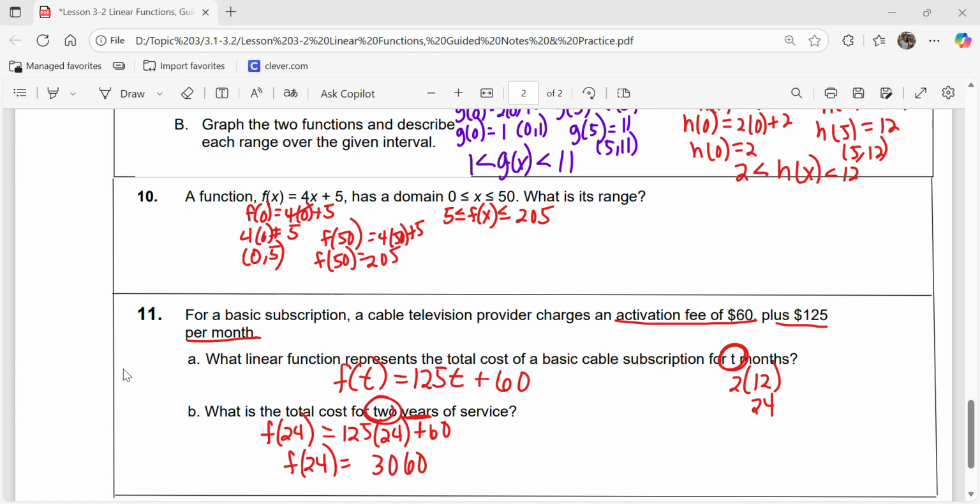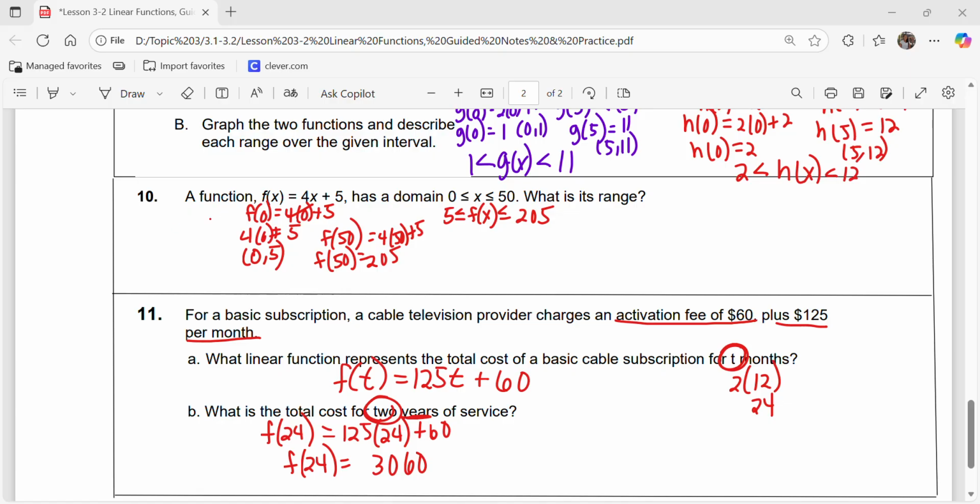Which should be right here. Solving simple interest problems. Simple interest has the formula A of t equals P times 1 plus r times t.